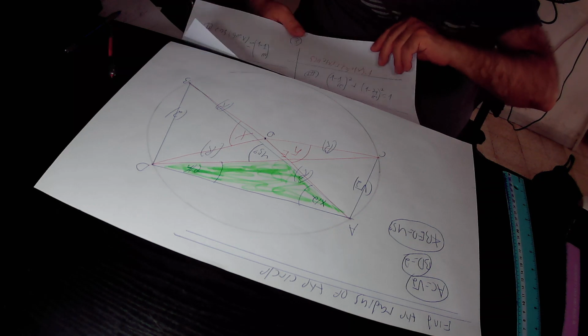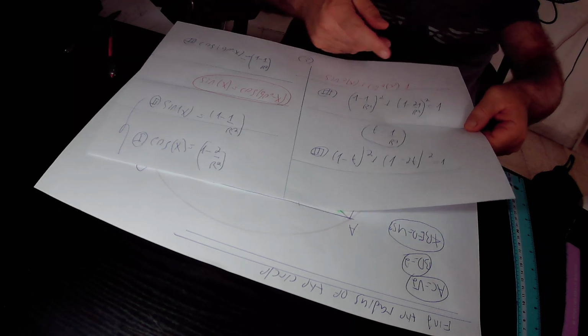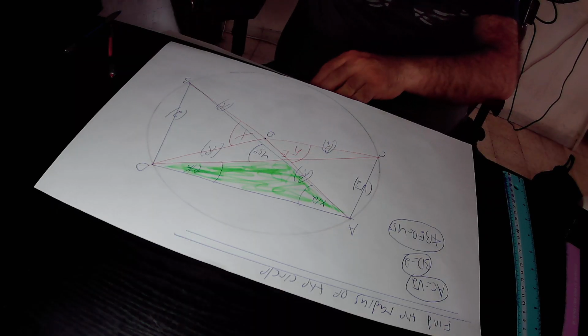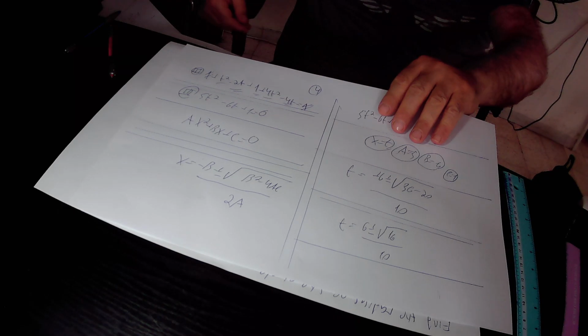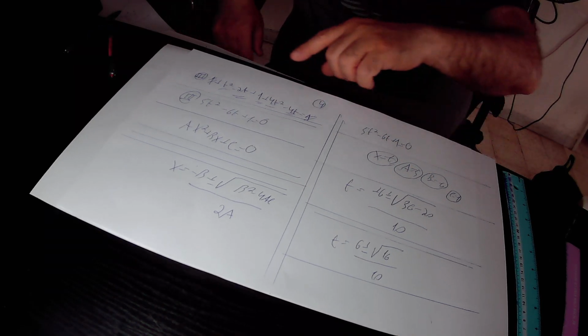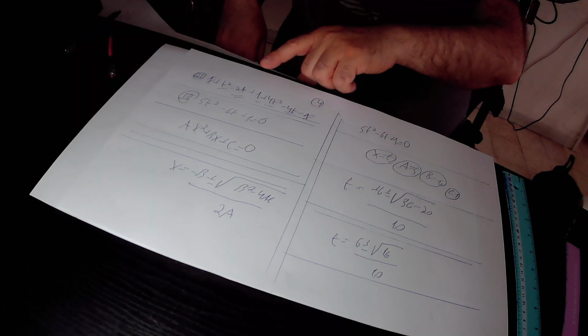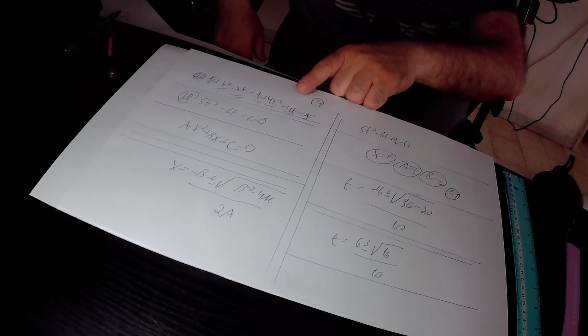So after we open the brackets of equation 3, we find that 1 plus t squared minus 2t plus 1 plus 4t squared minus 4t equals 1.